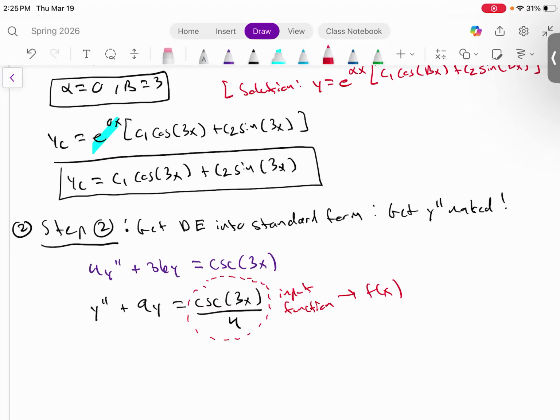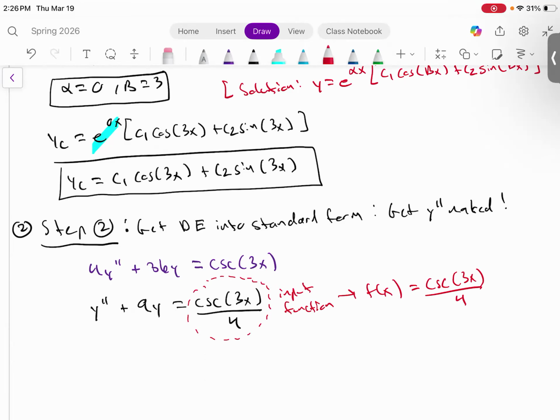So that's going to be my function f of x when I figure out what my u1 and u2 are in my variation of parameters. So we'll just say f of x equals cosecant 3x over 4. Okay, so that's step two. We'll just leave it at that.